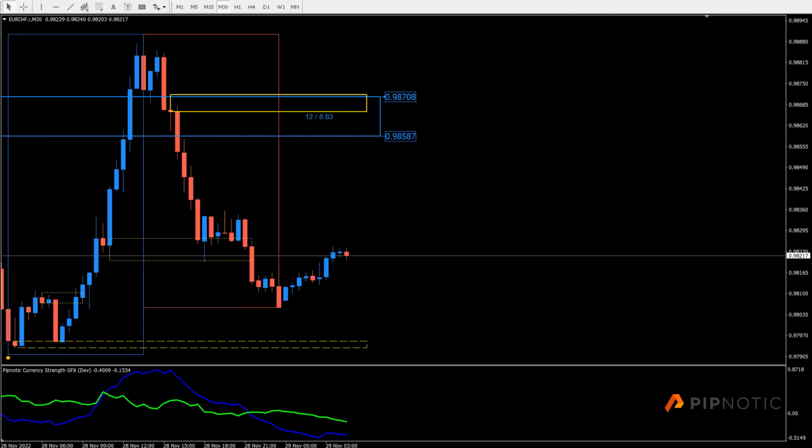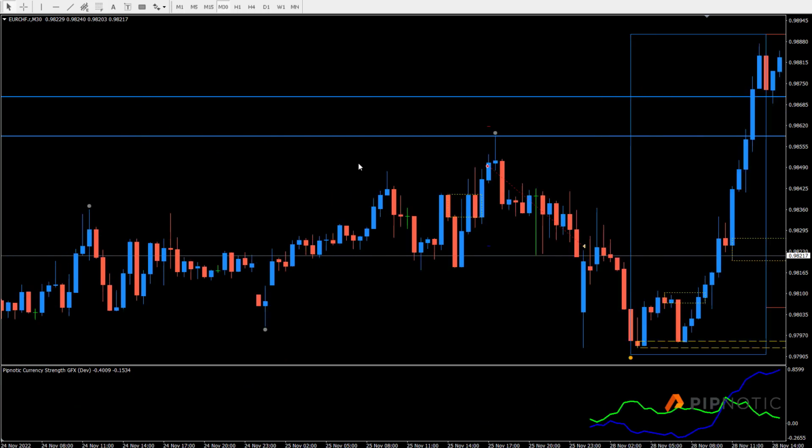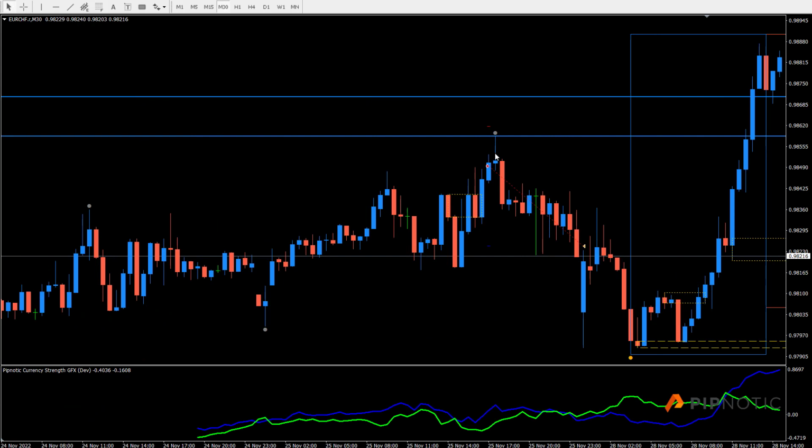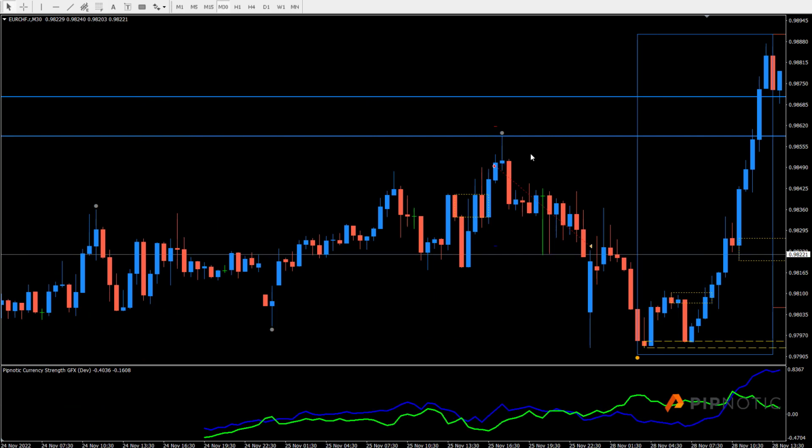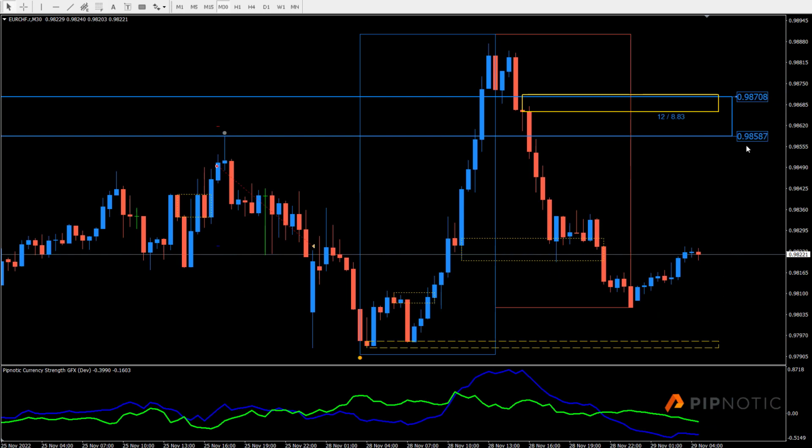Let's zoom out a little. 9858. So price went a little bit further. Let me make sure I'm not fitting. Okay, the high. It's 9858. My bad, I couldn't read. And this went to 9858. It went exactly to that area, to the pip.